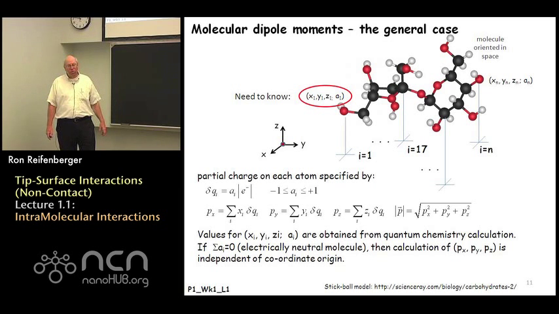And once you know those coordinates and those values of A for each atom in the molecule, you can then calculate the dipole moment in the x, the y, and the z direction as I've indicated. And then lastly, you can calculate the magnitude of the dipole moment by taking the sum of the squares of the dipole moments in the x, y, and z direction. So I've also indicated that important result in this slide.